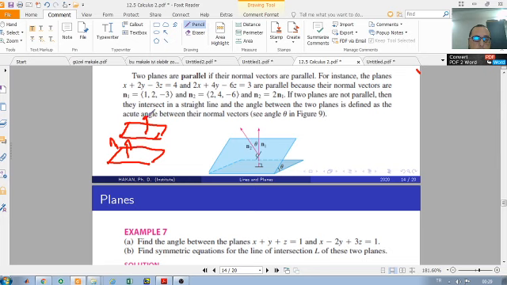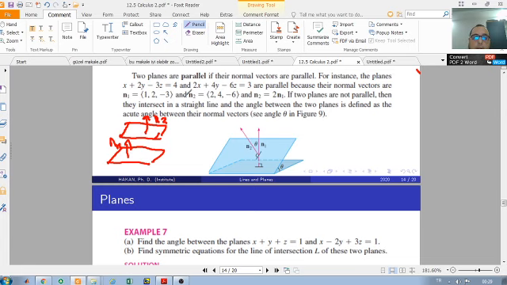This is the normal vector, let's say n2, for the second one, and n1 and n2 are parallel. They are actually in the same direction. By moving this one to here, we get the same direction. The positions are different, therefore they are parallel planes, which means we don't have any intersection point for these planes.